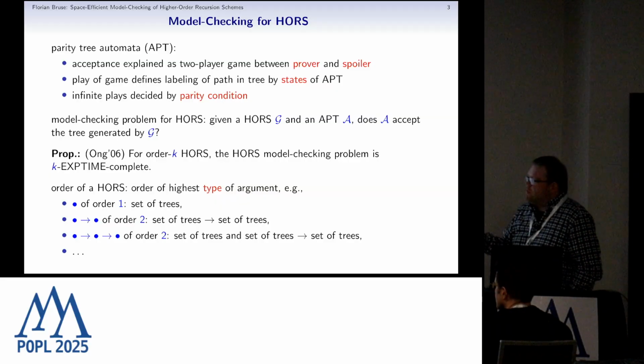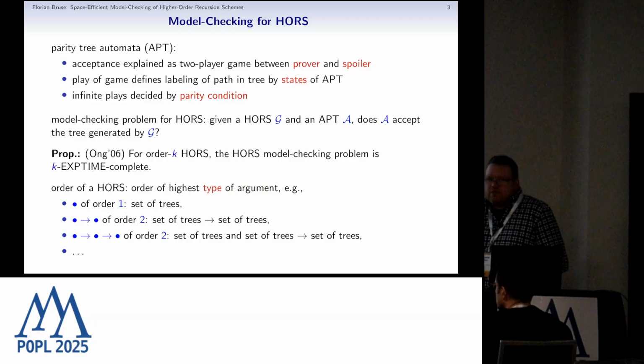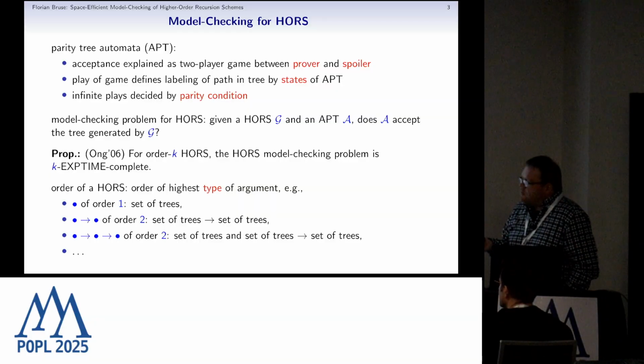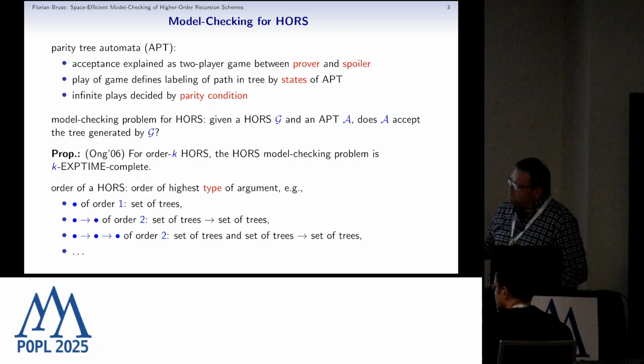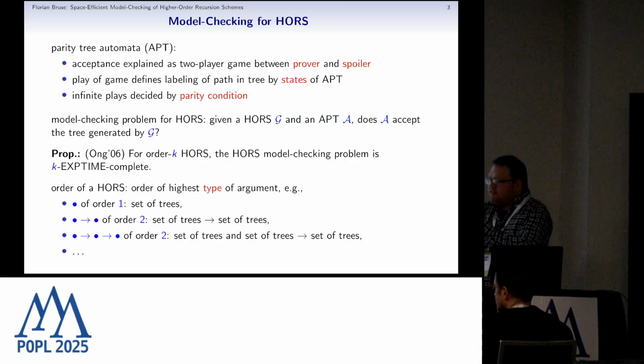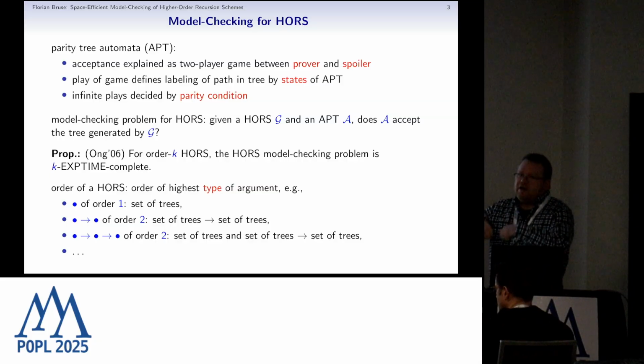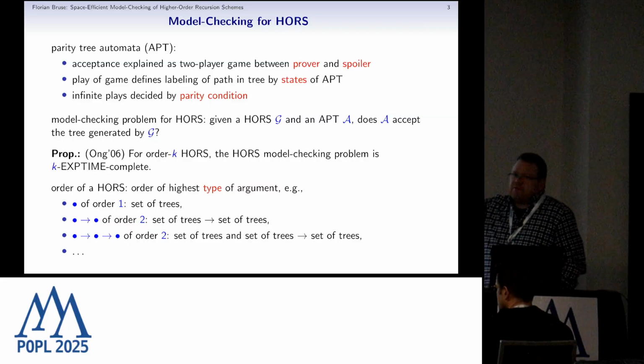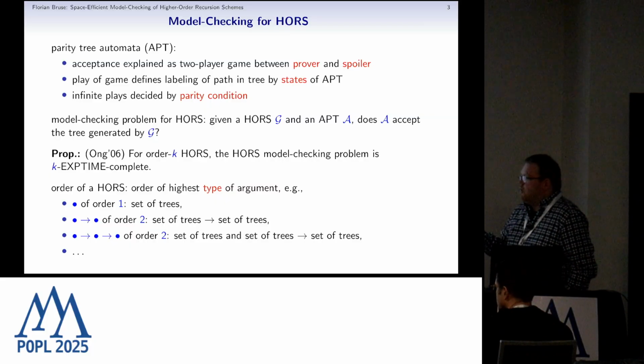And order here means basically how complicated the arguments to the non-terminals can become. It's a bit unfortunate here with the double dots. So this type dot here is just the type of tree. So you say, okay, as an argument, I give my non-terminal a tree, either a concrete tree or something that at some point will be a tree.